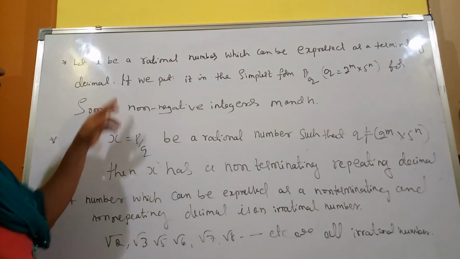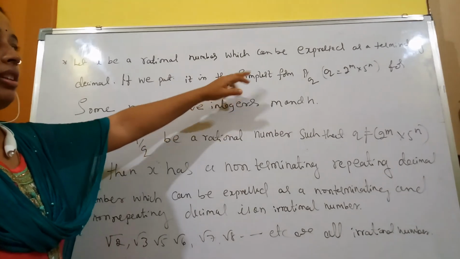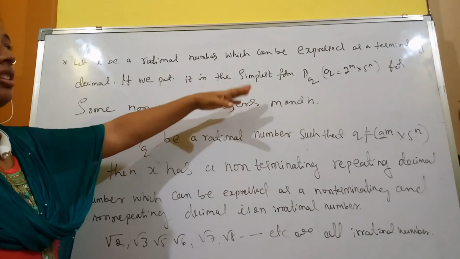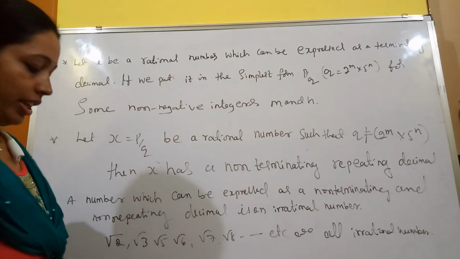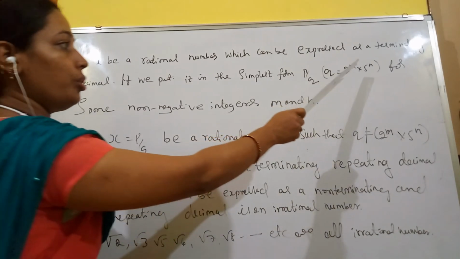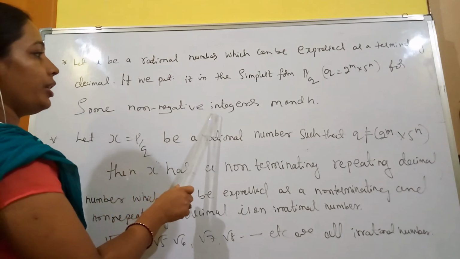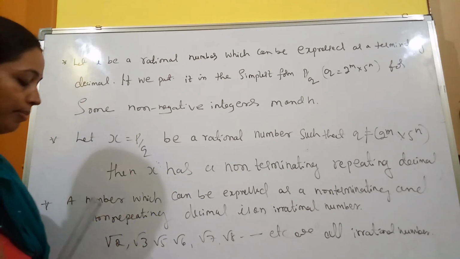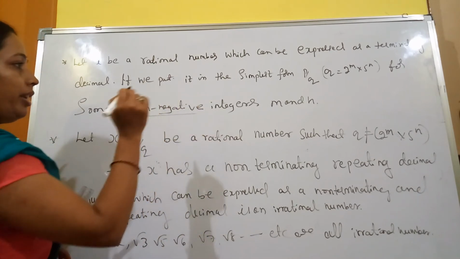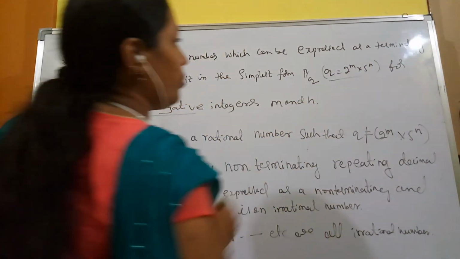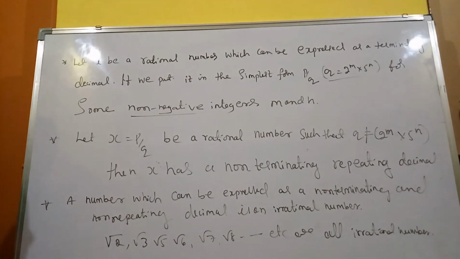Is it right? If we put it in the simplest form, that we already solved in the last classes, that is in the form of 2 power m into 5 power n for some non-negative integers. See, this is a very important form. That should be non-negative, and that is in the form of 2 power m into 5 power n. Okay.